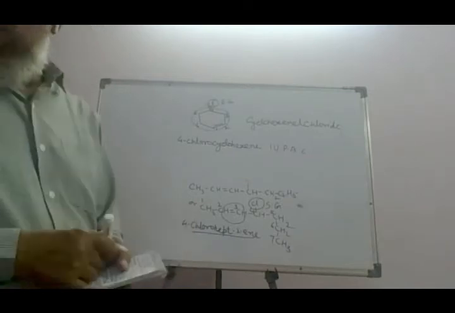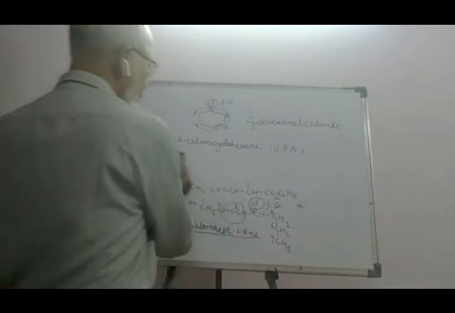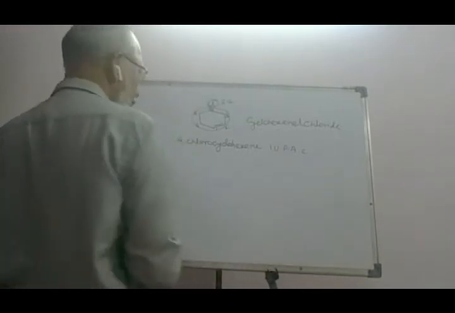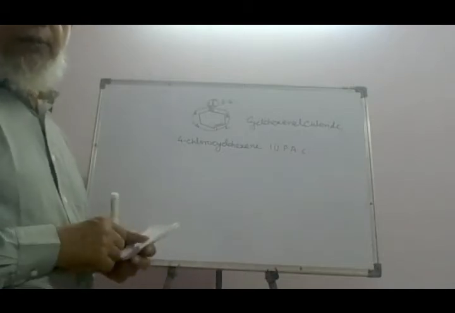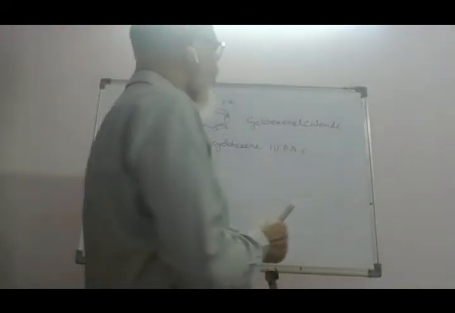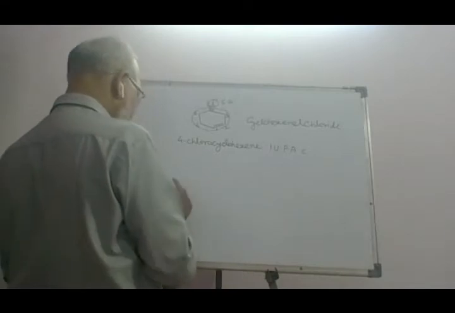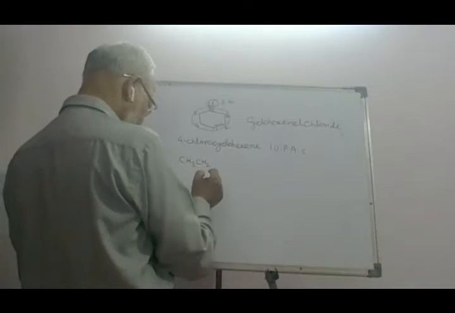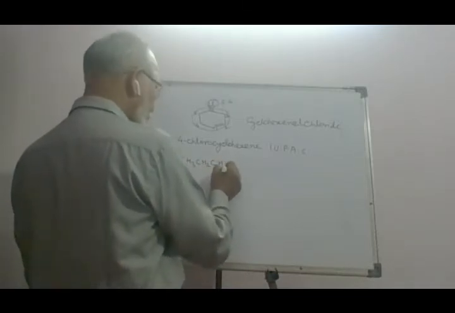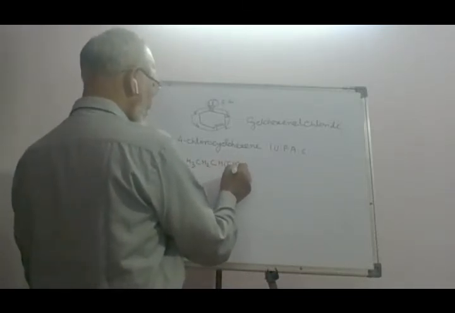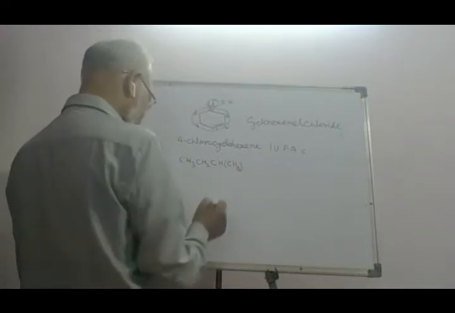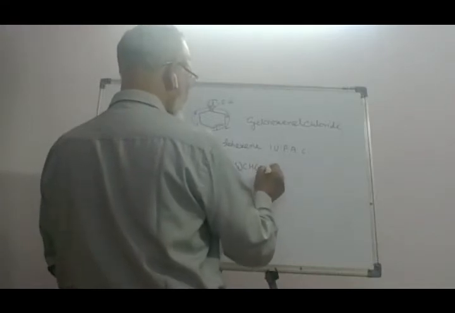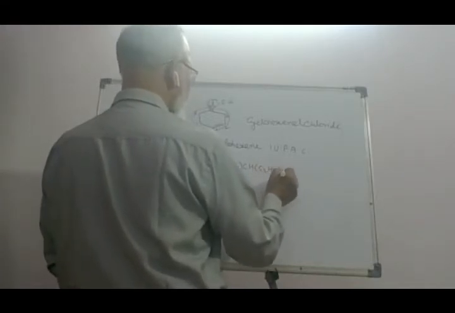Another example I am taking contains 2 different types of substituent groups. And if there are 2 different types of substituent groups, then their names should be written in alphabetical order, irrespective of their number. So suppose this is the case: CH3, CH2, CH, CH3, CH, C2H5, Cl.